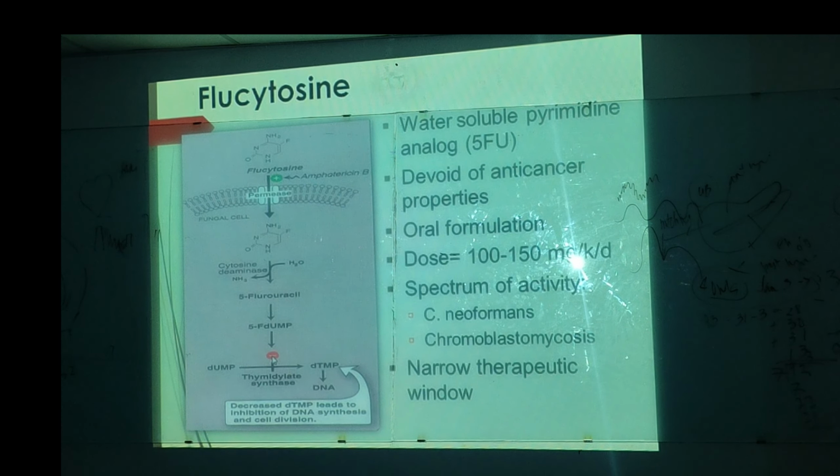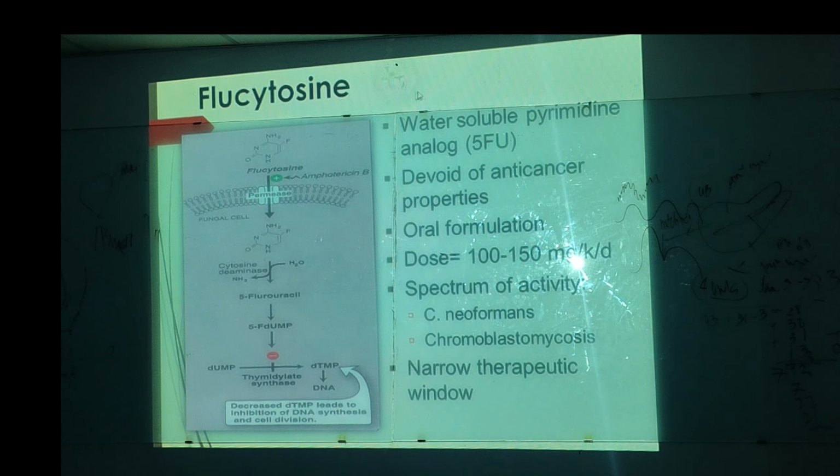But this one will inhibit this enzyme. So if there is inhibition of this enzyme, then lesser dTMP will be formed, leading to inhibition of DNA synthesis and mitosis or cell division.